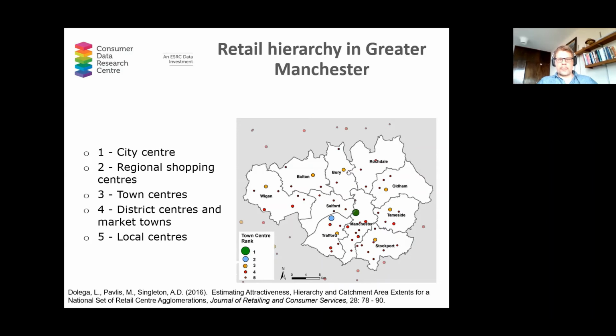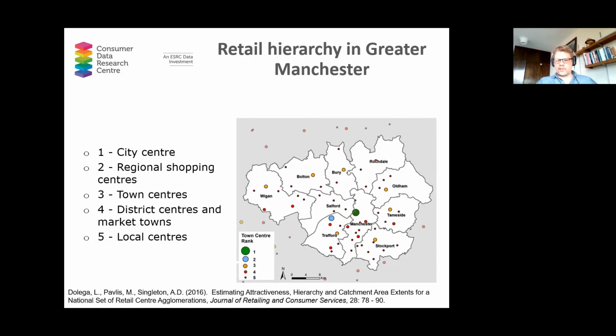So here we have an example of such hierarchies developed for our research. We've got a paper here, published in 2016, Dolega et al., for Greater Manchester. We can see that at the top of the hierarchy we have Manchester City Centre, which is followed very closely by Trafford Centre. These are the two largest retail centres in the entire Greater Manchester, which serves around 2.5 million people.